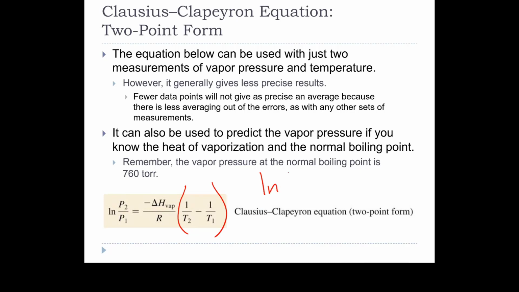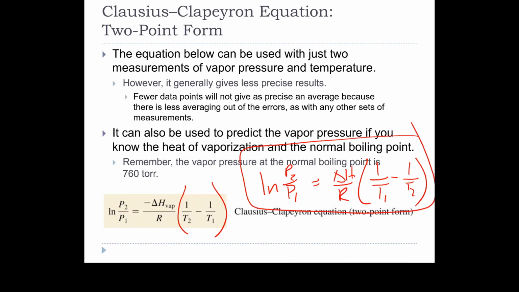You'll see me write natural log P2 over P1 is going to be equal to delta H over R, 1 over T1 minus 1 over T2 in this fashion, okay? I've multiplied the minus 1 through, and that switches the order of T2 and T1. So you'll see me write it in this fashion instead of the other.